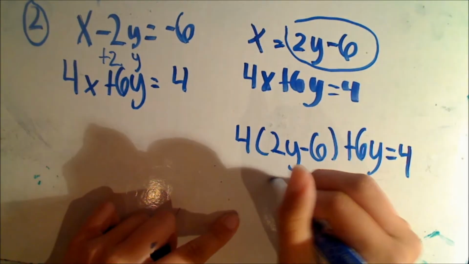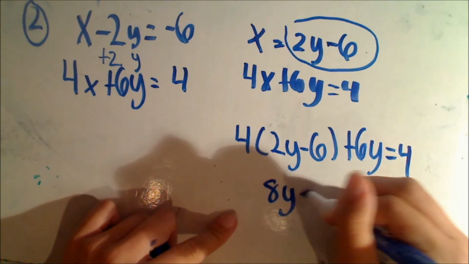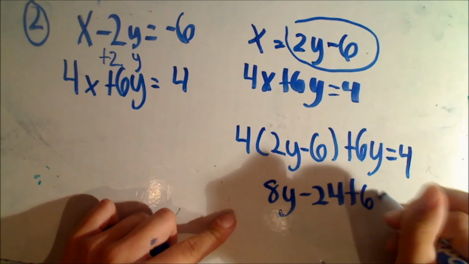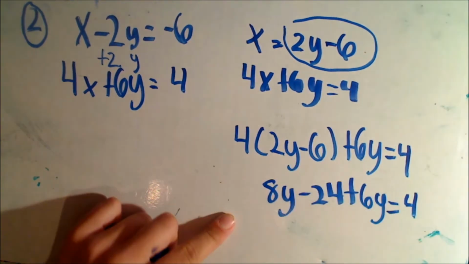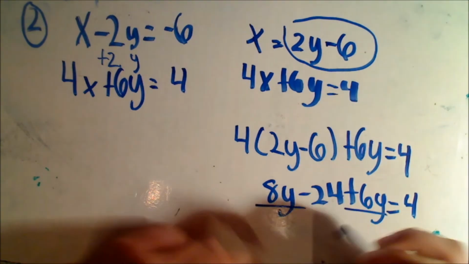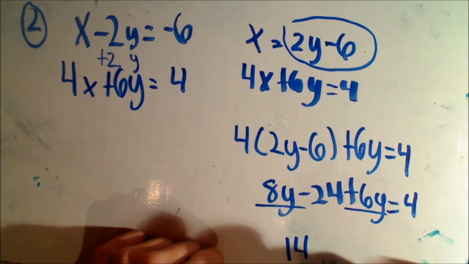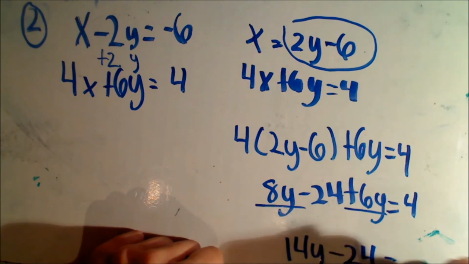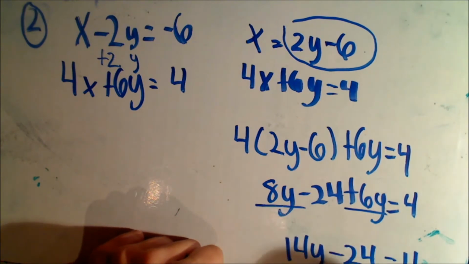And so that's really 8y minus 24 plus 6y equals 4. And now combine like terms, so we have 14y minus 24 equals 4.